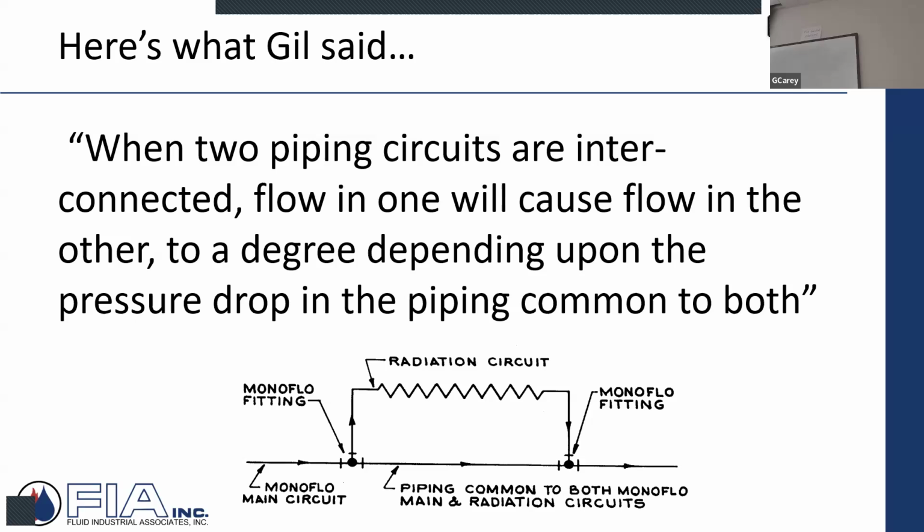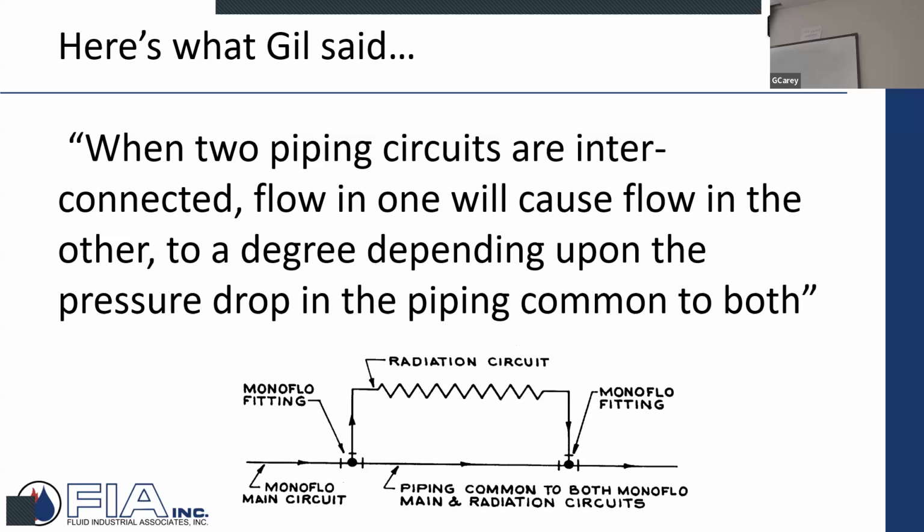And that's why it wasn't working. This flow was too low because the engineers that designed the distribution undersized the piping. The engineers that designed the building piping made it a little too big. So flow in one will cause flow in the other based on the pressure drop that didn't exist.